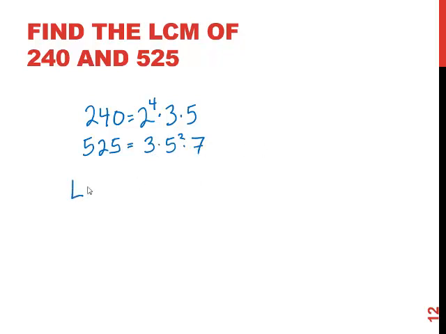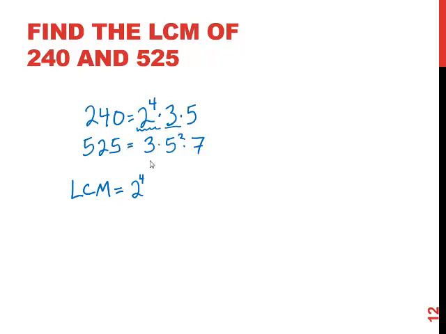And so our least common multiple is going to be, let's see, we've got 2 to the 4th up here. We don't have any 2's down here. We're going to use the larger quantity, so we're going to use 4 of them. So we have 2 to the 4th in our least common multiple.